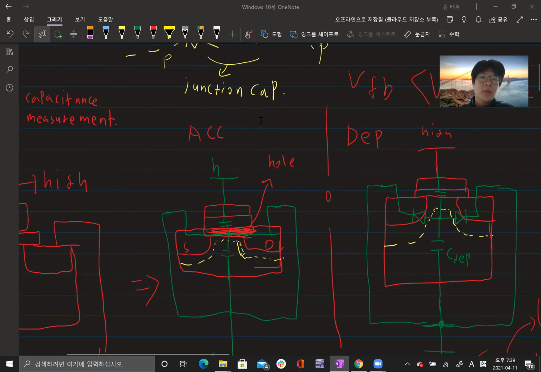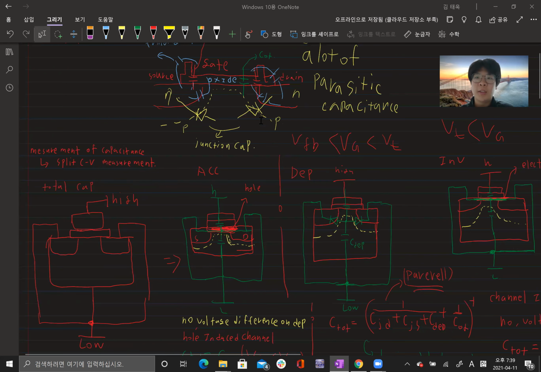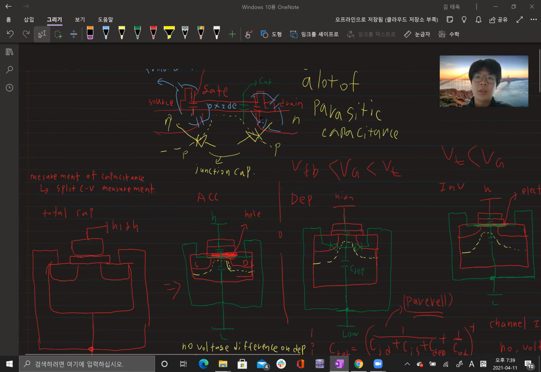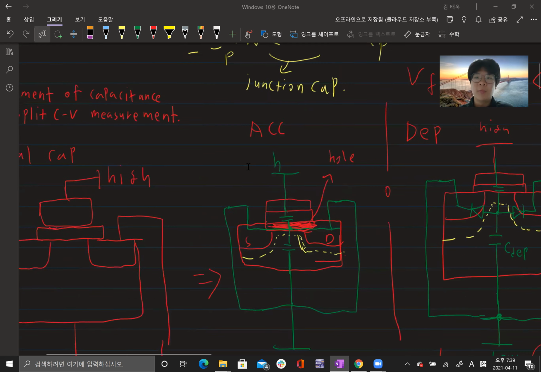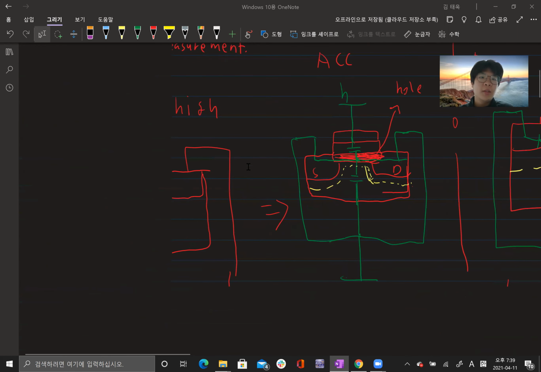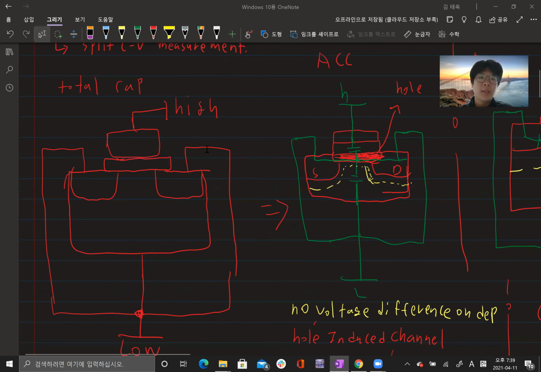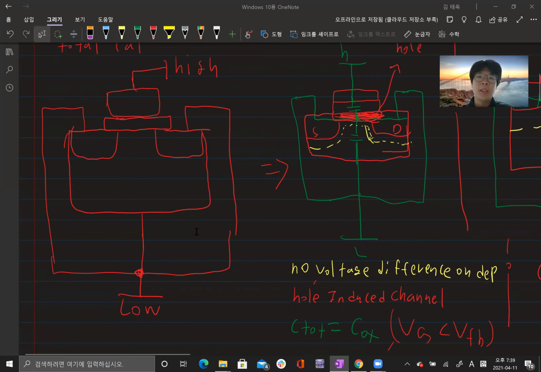So we're gonna measure these capacitances separately using superposition, using a split CV measurement. So in here, there is a gate. We're gonna bias it with high voltage, and the source, drain and body we're gonna bias with lower voltage.